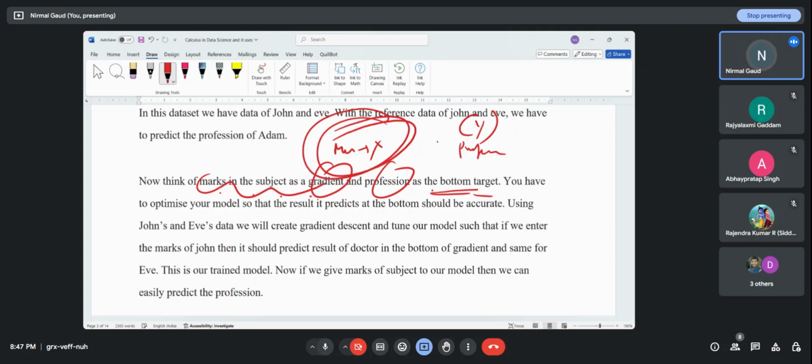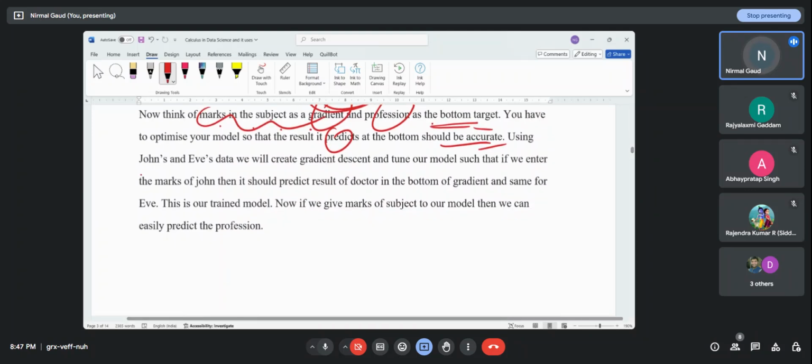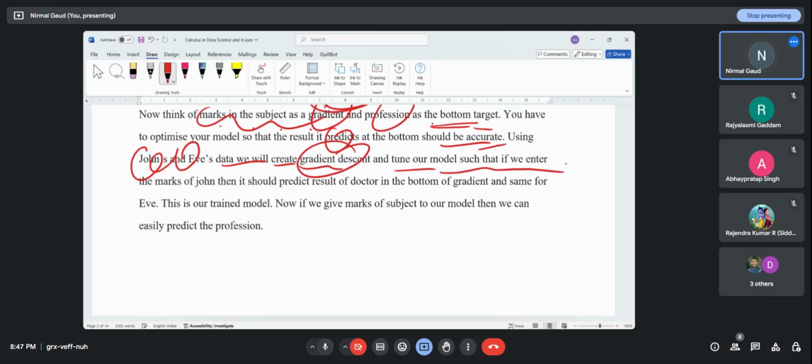So we are going to train our model on the basis of this, so that the model should predict what profession Adam is going to choose ahead. We take all this data, put it into the model for training, and then the model will let us know what Adam can become. Using John and Eve's data, we can create gradient descent and tune our model, and then feed it the marks, and the model will give the prediction.